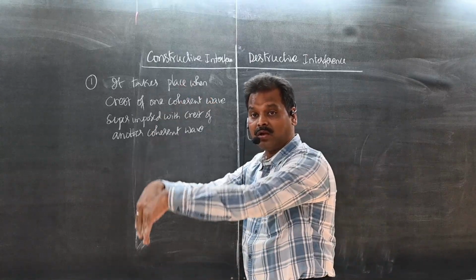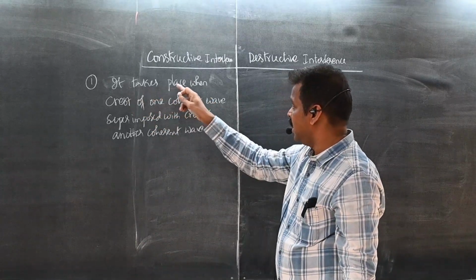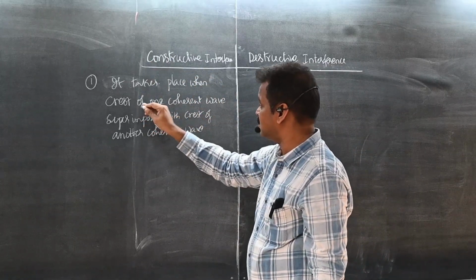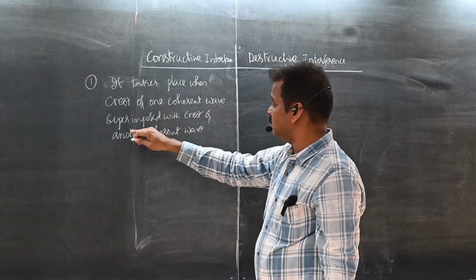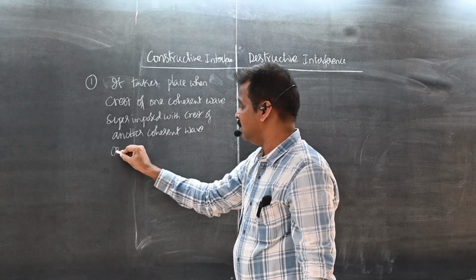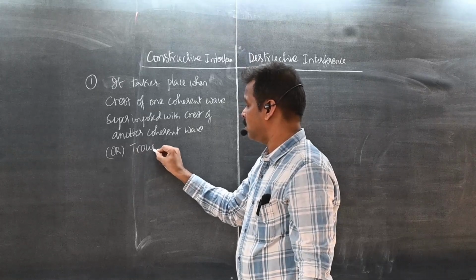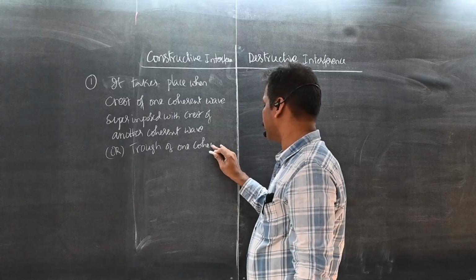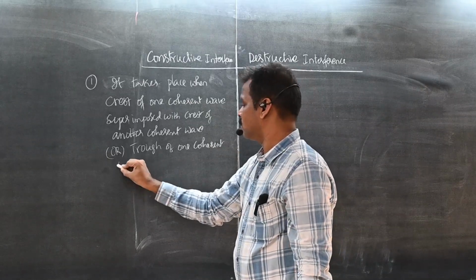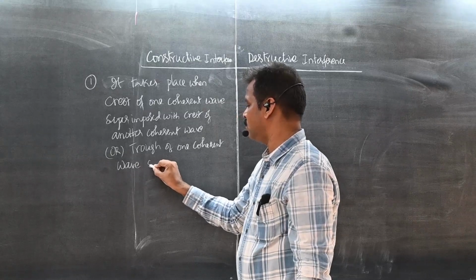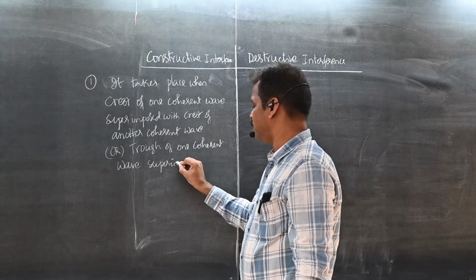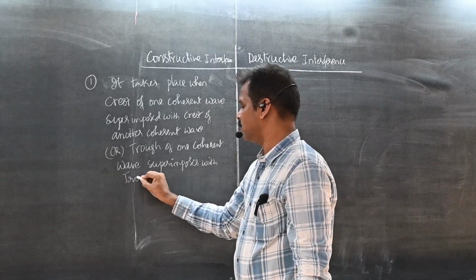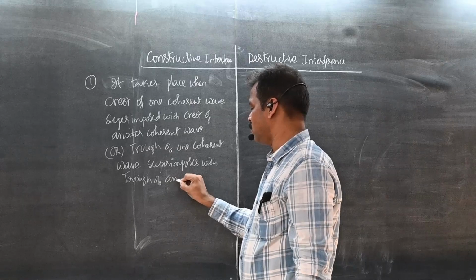It takes place when the crest of one wave combines with the crest of another wave, or second, the trough of one coherent wave superimposes with the trough of another coherent wave.